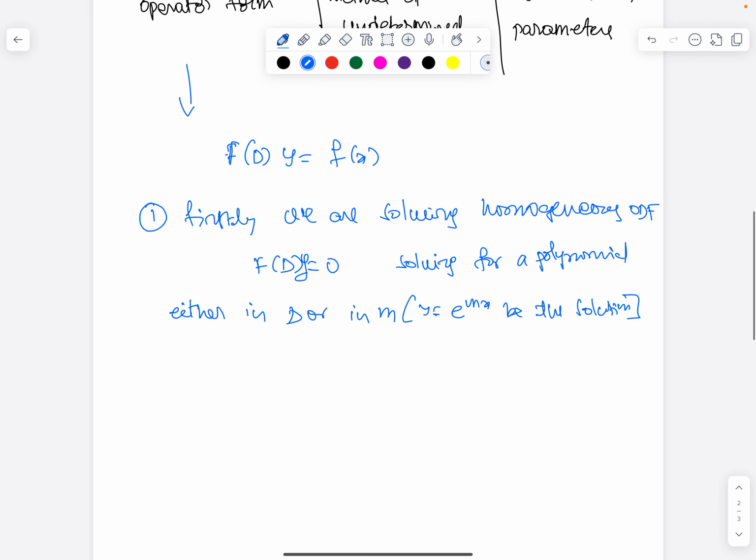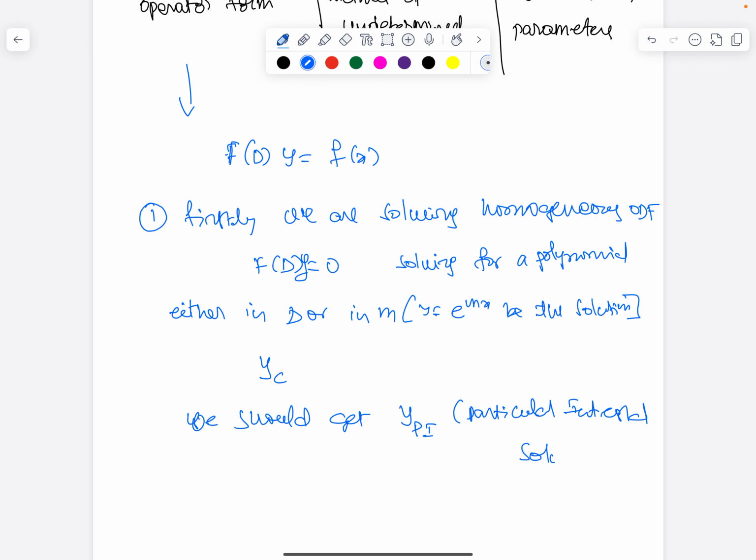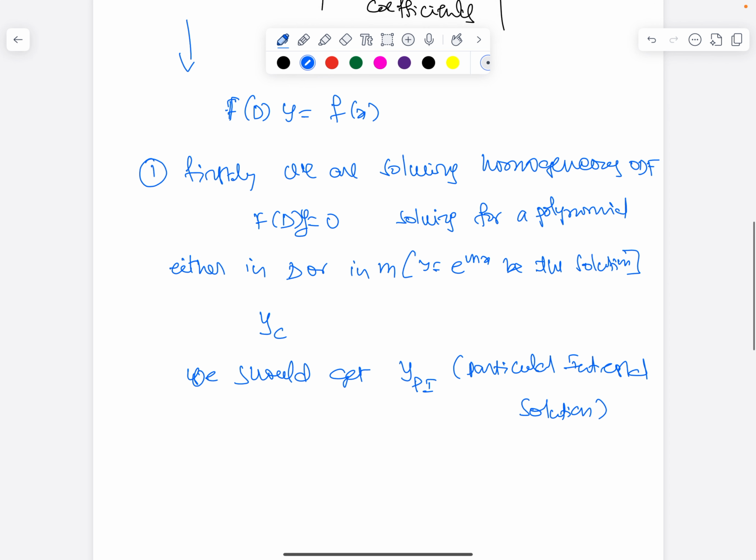That gives you the complementary solution, Yc. So once you get Yc, we should get YPI, that is the particular integral solution.